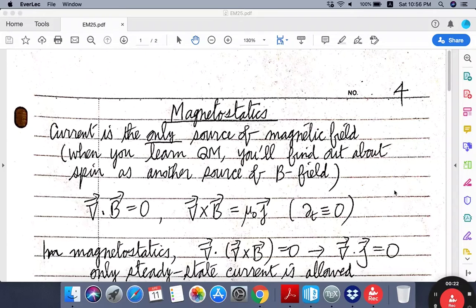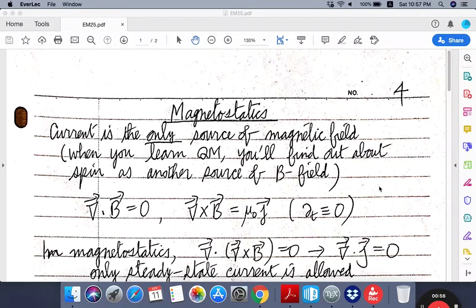Let me begin by emphasizing the obvious fact that the only way to generate the magnetic field in the framework of classical electromagnetism is the current. I take it back. The only way to generate the magnetic field in the context of magnetostatics is the current.